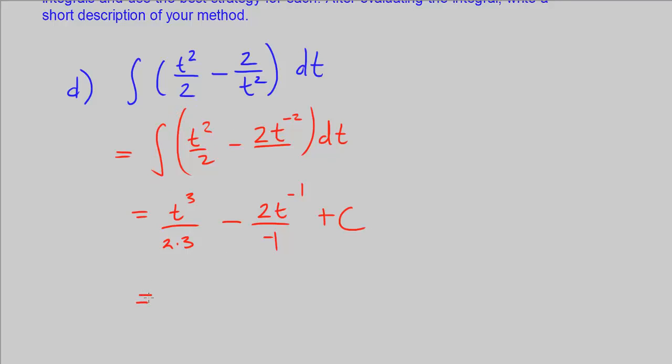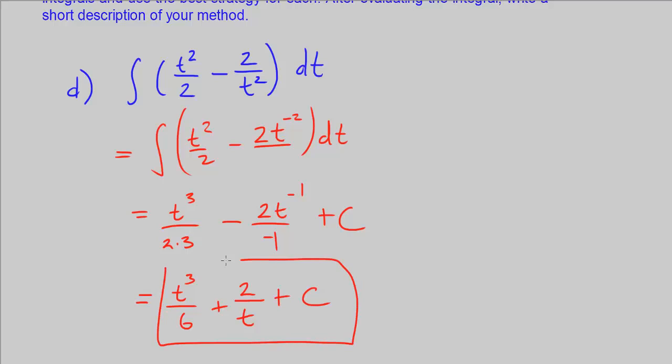Then we can just simplify this, and it becomes t cubed over 6 minus, well, the minus and negative 1 here are going to cancel out, so it's plus 2t to the negative 1, or you can even write this plus 2 over t plus c, either way. Okay?